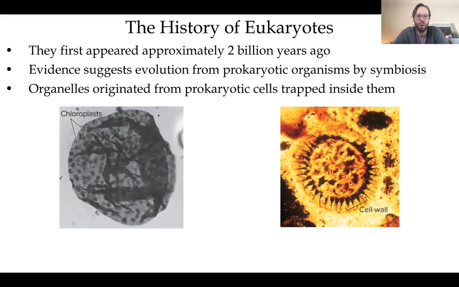Okay, so chloroplasts, as you guys know, are organelles that are in plants and cyanobacteria that allow photosynthesis to occur. So it's an organelle in that prokaryotic cell that now turns it into a eukaryotic cell and allows it to get energy, right? And what's the payoff? Well, now the chloroplast has a safe environment inside this other cell.